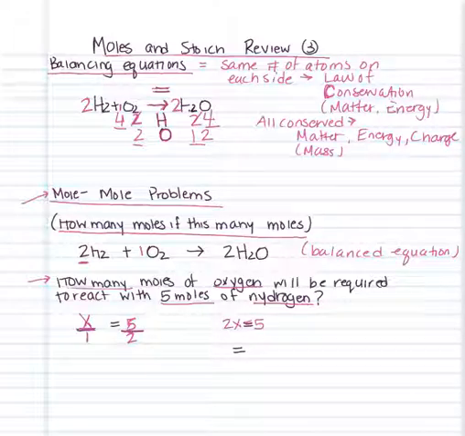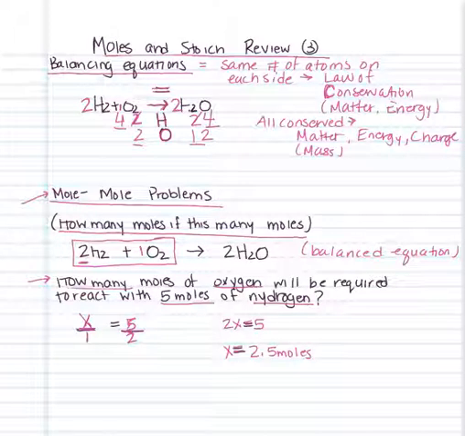2x equals 5, which means that x equals 2.5 moles, which makes sense because in the balanced equation, the ratio of coefficients of hydrogen to oxygen is 2 to 1, which means that if we're going to use 5 moles of hydrogen, it has to be 5 to x would be the ratio, which has to be equal to a 2 to 1 ratio.